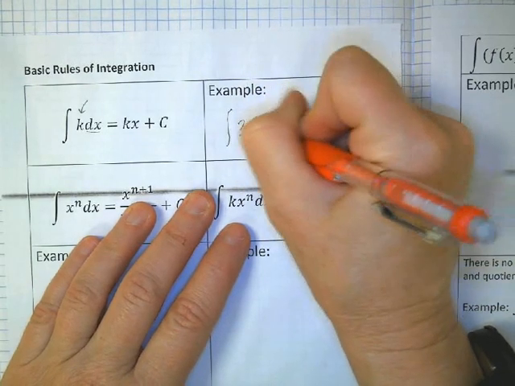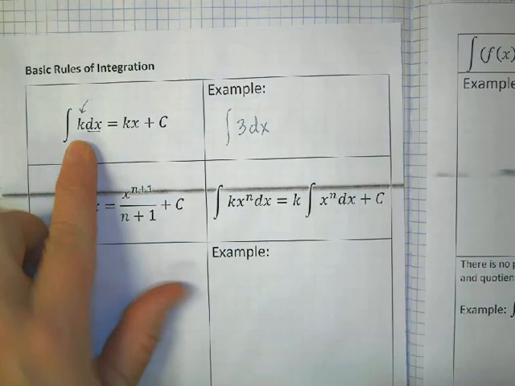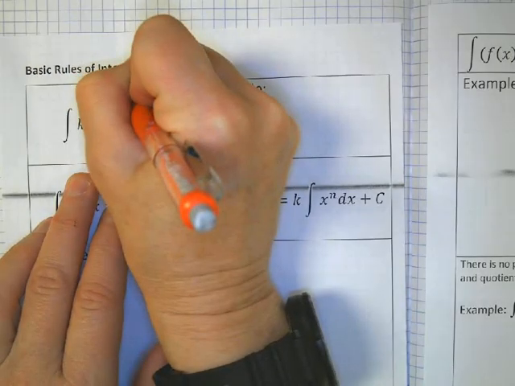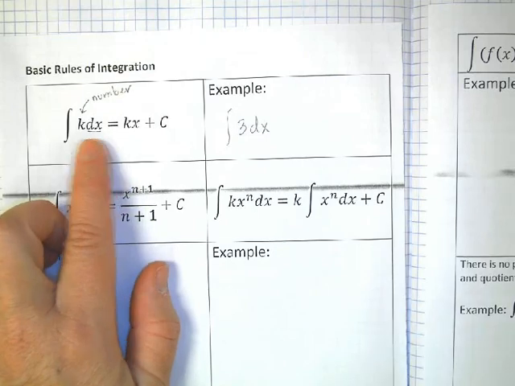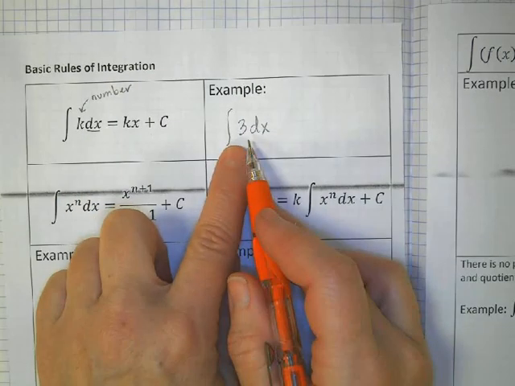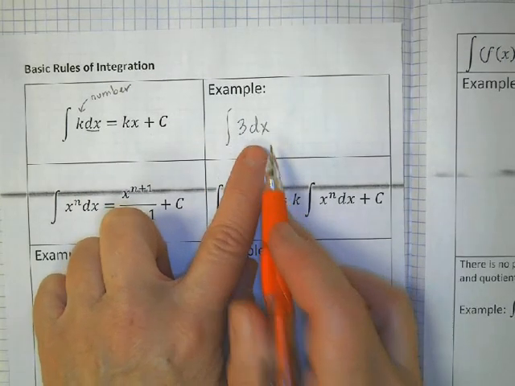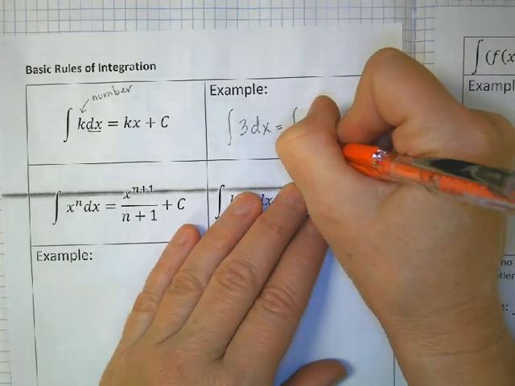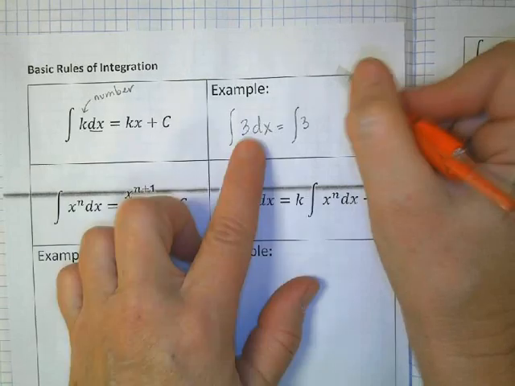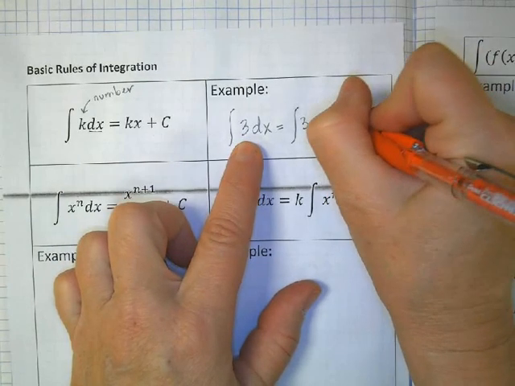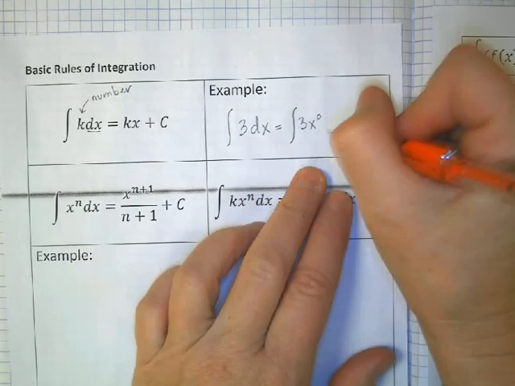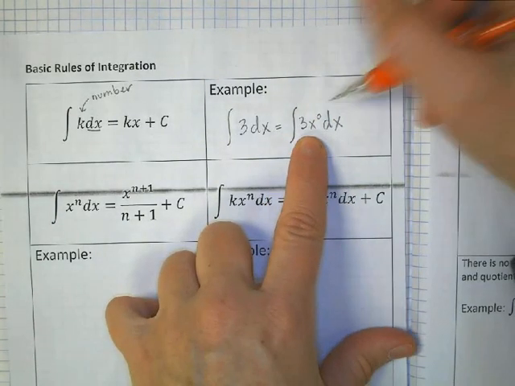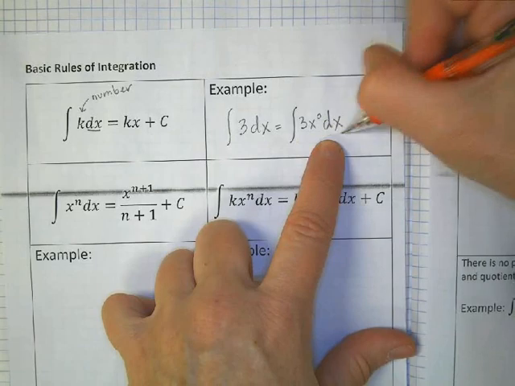Notice now my k is 3. This is a number. And we're going to integrate with respect to x. But notice there is no x. So how can I write that with an x if there's no x? We would write x to the power of 0 is another way of writing that. So this is the same thing as writing 3 times x to the power of 0, and I'm integrating with respect to x.